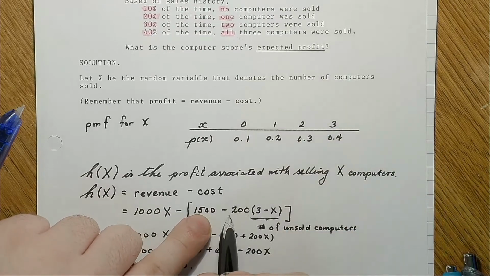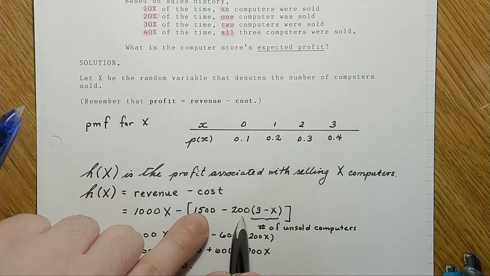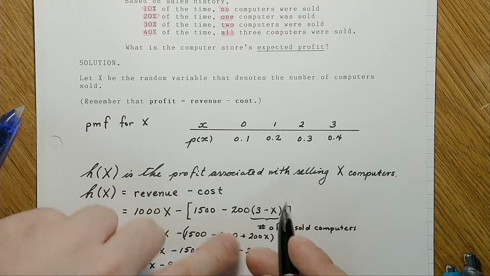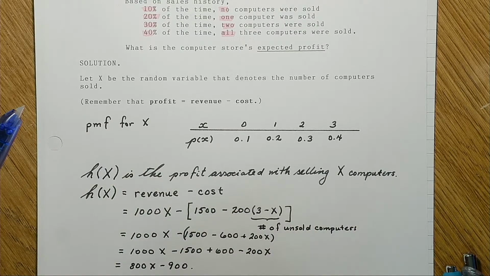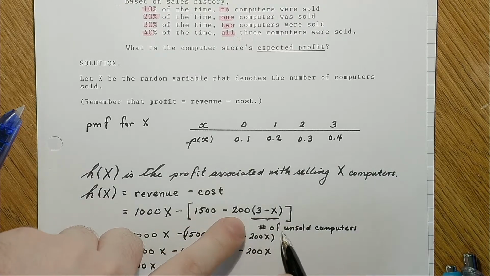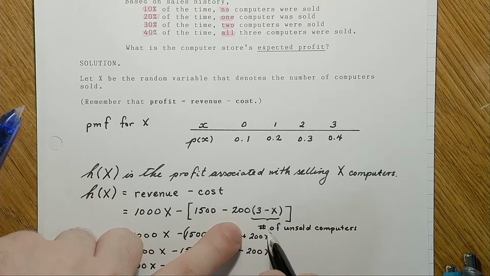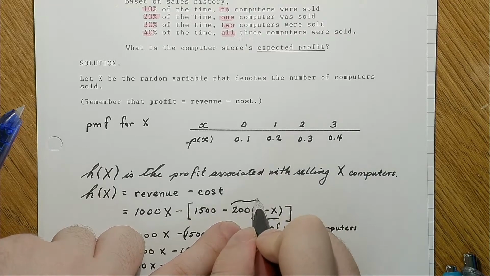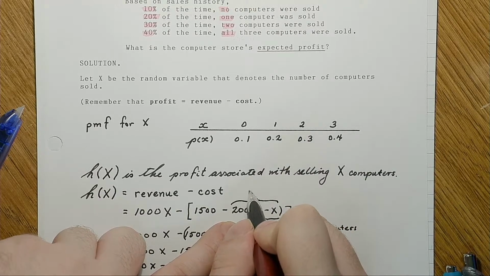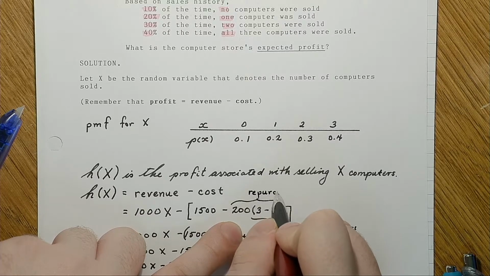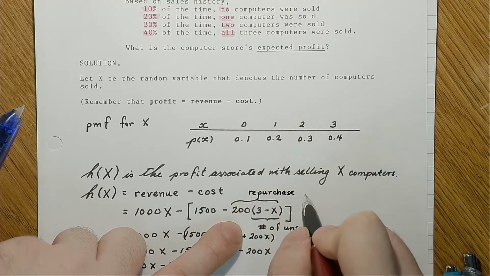So that cost actually decreases because we're getting the money back. Does that help for that question then? Again, because we're getting that money back. This is the part of that repurchase program.